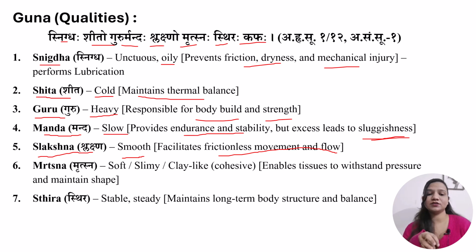This gun, that is smoothness or Shlakshna gun of Kapha dosh, is useful for ease of movement. So Kapha dosh facilitates frictionless movement and flow in the body. Next one is Mrtsna. Mrtsna means soft, or we can say slimy or clay like.